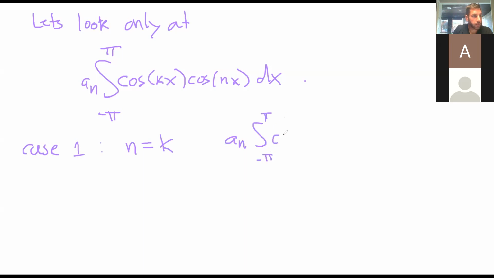When they're the same, let's write this as cosine squared of kx dx. And since cosine is an even function, cosine squared is even, so you can write this as 2a sub n times the integral from 0 to pi of cosine squared of kx dx.